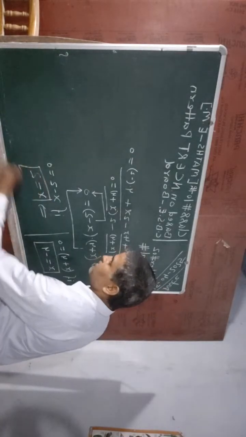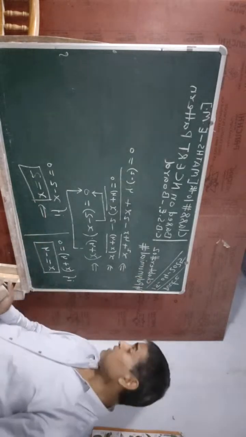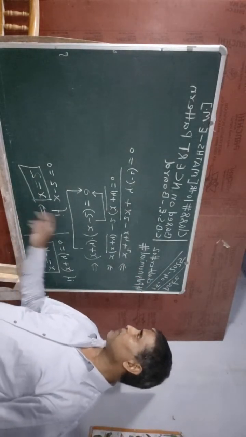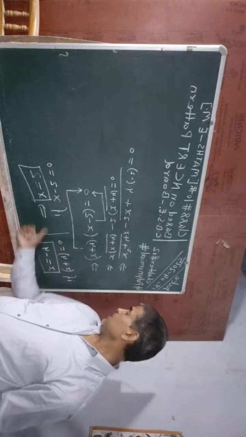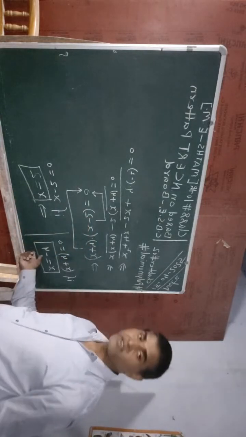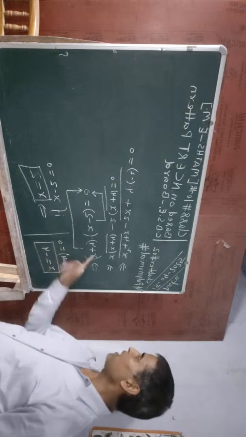So after calculation I will write the zeros of this given polynomial: one is 2 and the other is minus 4. Okay, students, so I am going to write this one.